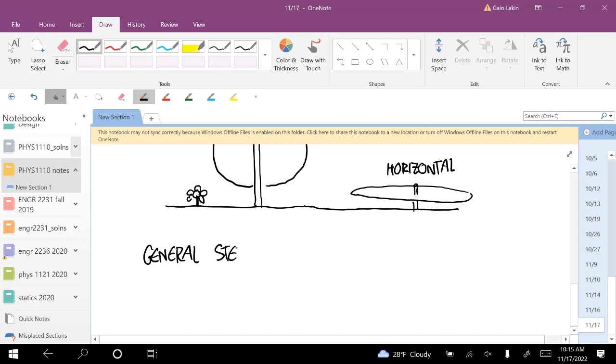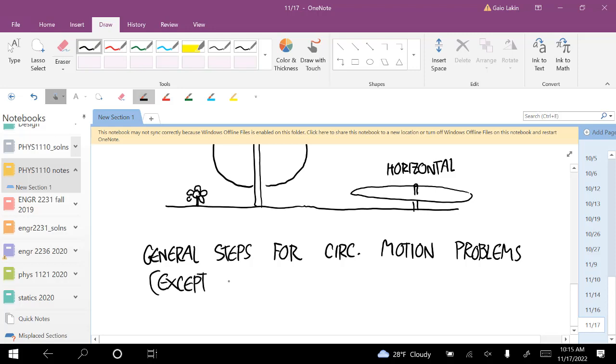So here are the general steps for circular motion problems, except tetherball problems, and those I'll talk about on their own.